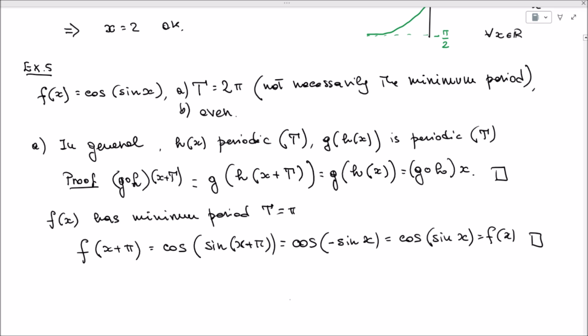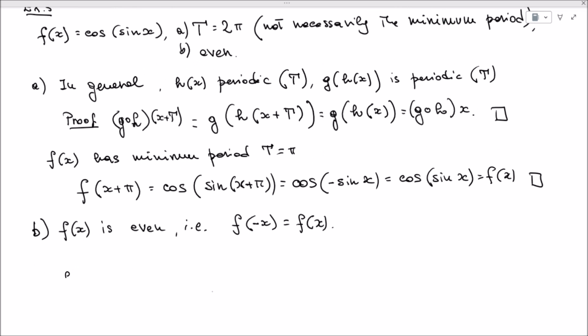Now, the second thing we want to prove is that f of x is even. In other words, we want to prove that f of minus x is equal to f of x. Now, f of minus x, so this is the proof, f of minus x is equal to the cosine of sine of minus x.